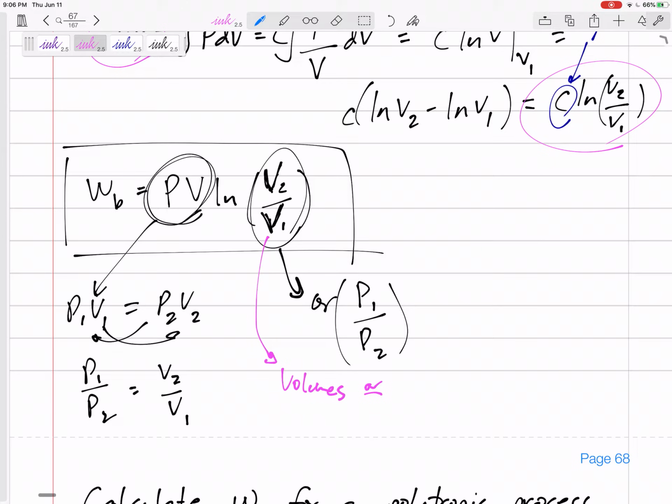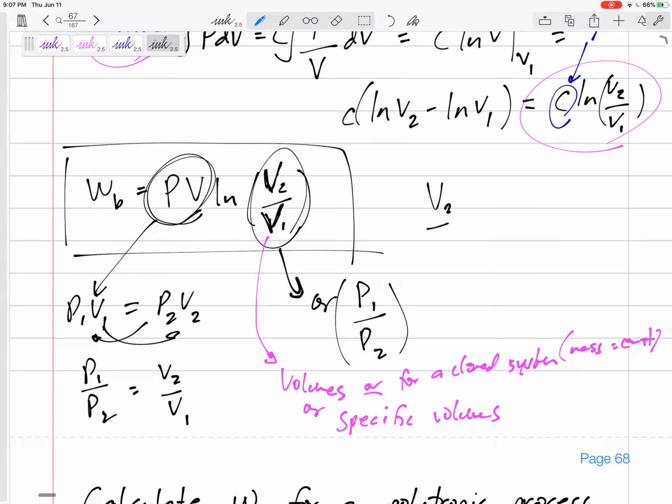But for a closed system, mass is constant, so I could use volumes or specific volumes, because the only difference is dividing the top and bottom by mass, and if mass 2 equals mass 1, then capital V2 over V1 is the same as lowercase v2 over v1 when mass is constant.